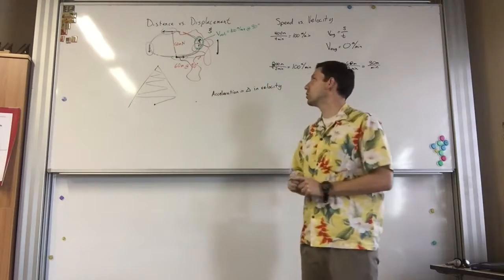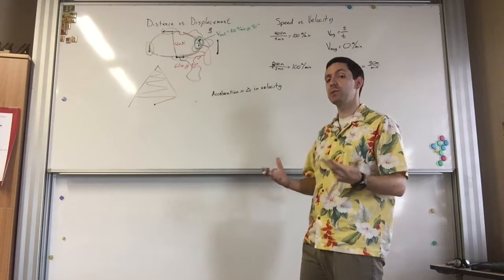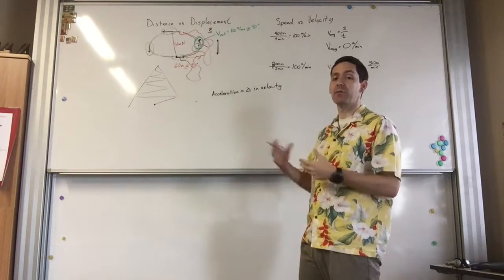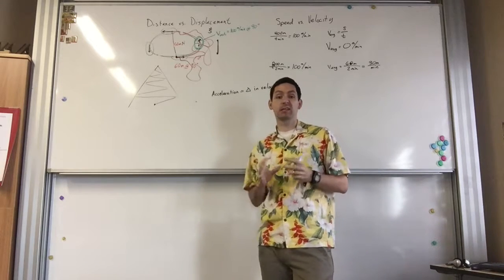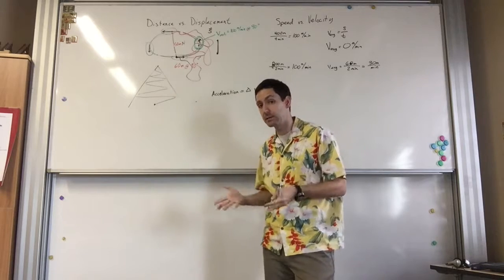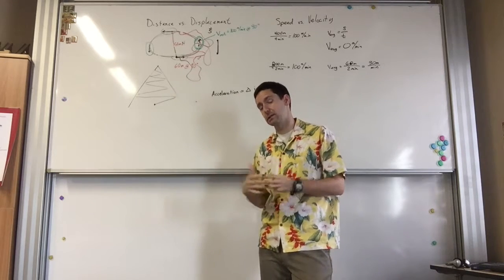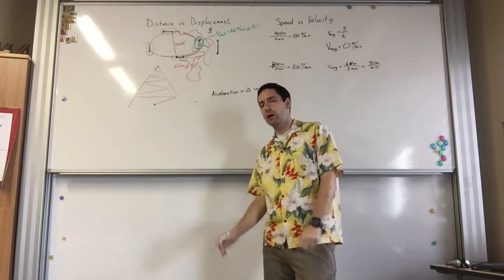All right? So, generally speaking, when we calculate acceleration, we're going to be finding an average acceleration. Most of the time, we are going to consider that acceleration is constant. And so the average acceleration is the same as the instantaneous acceleration because it's not changing. But we'll deal with that when it comes.